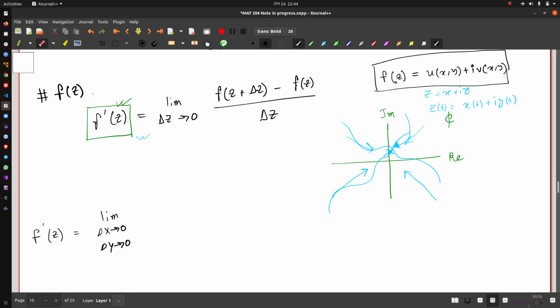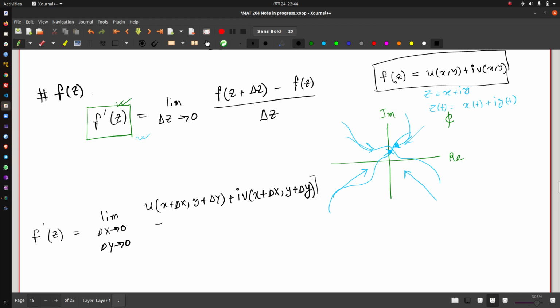Here you will have u of x plus delta x, y plus delta y, plus i v of x plus delta x, y plus delta y, minus, for f of z, u of x, y plus i v of x, y.